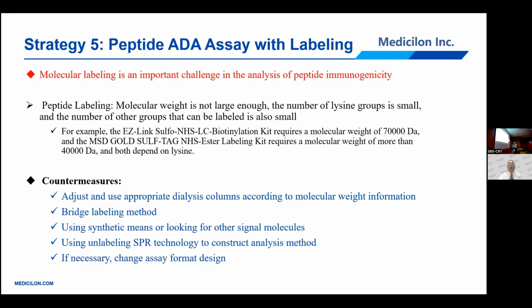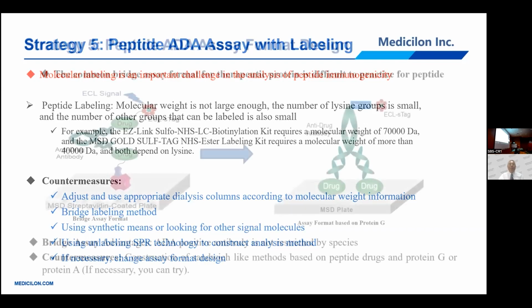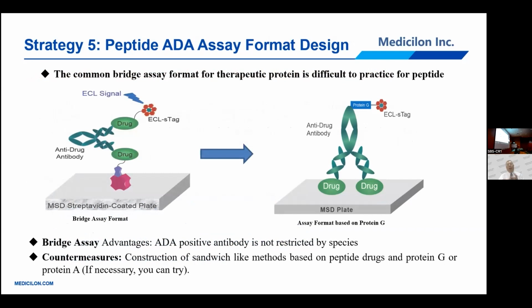ADA again is based on molecular labeling. This is an important challenge in analyzing peptide immunogenicity, so it is important to work on the ADA assay. Again, we can change the assay format to make sure the determination of ADA is validated for sensitivity, so this can also be adjusted.